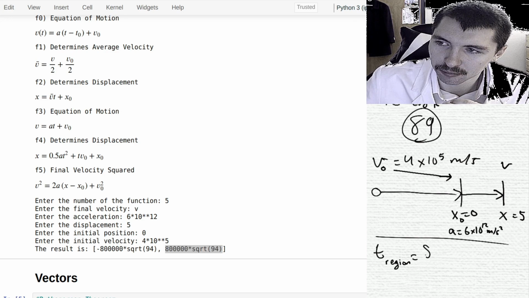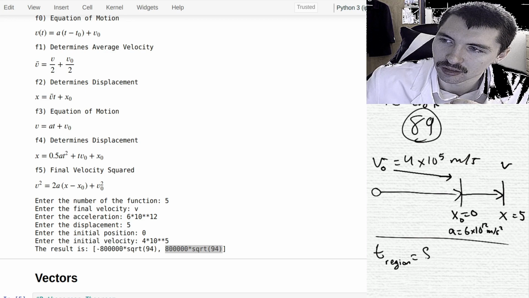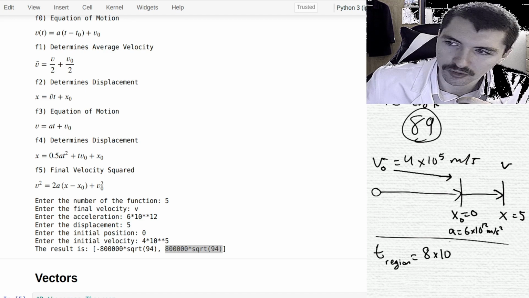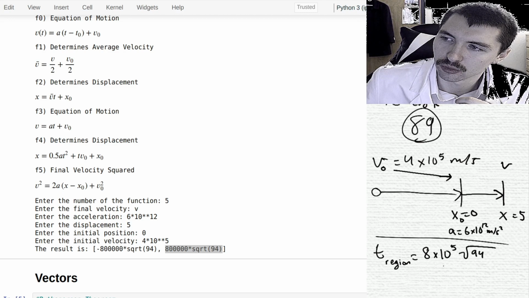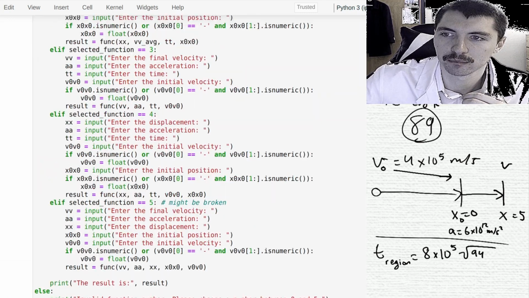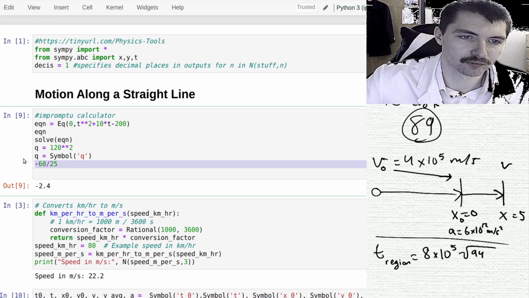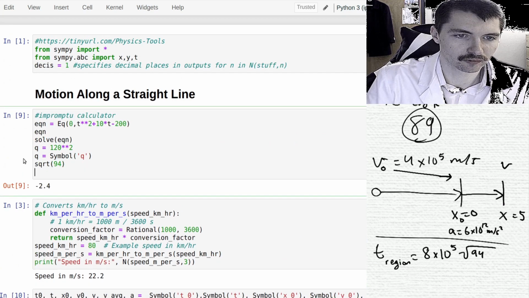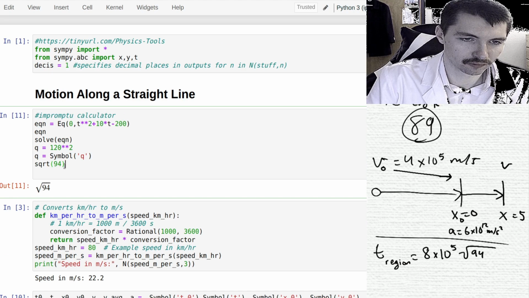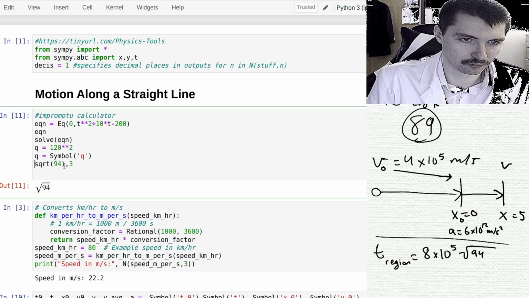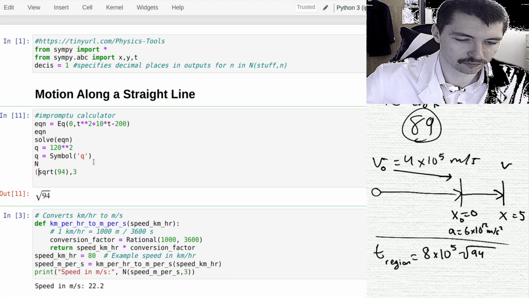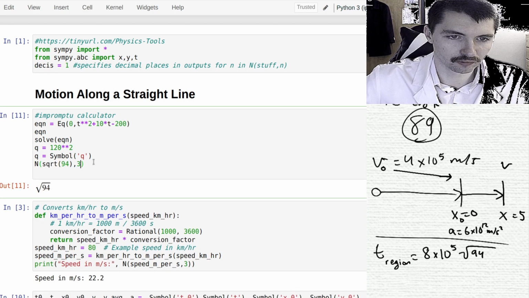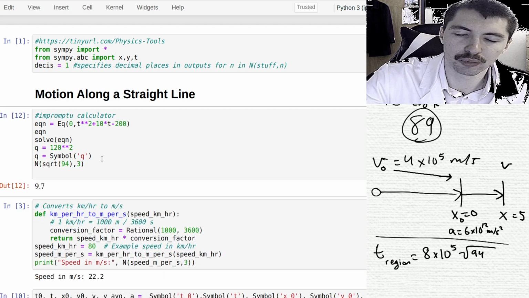So we're getting some number, 8 times 10 to the 3, 4, 5 times the square root of 94.9.